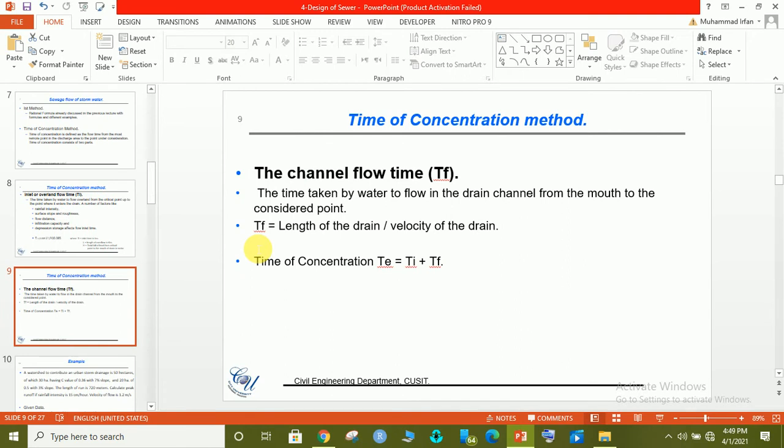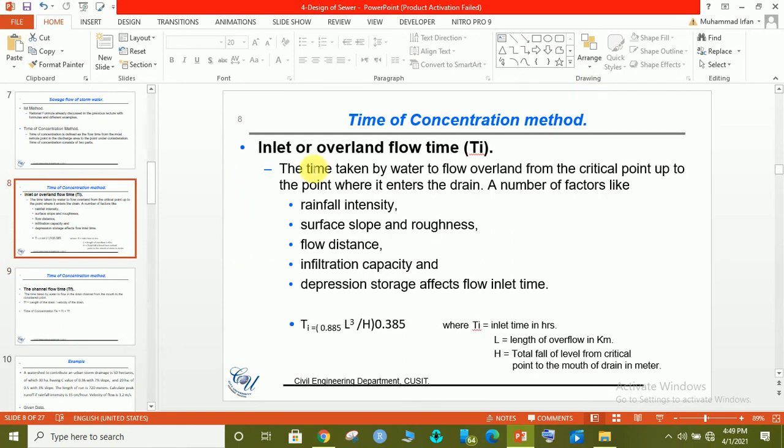The second one is the channel flow time. This is the time taken by the water to flow in the drain channel from the mouth to the considered point. Suppose we select an open area and two different points.